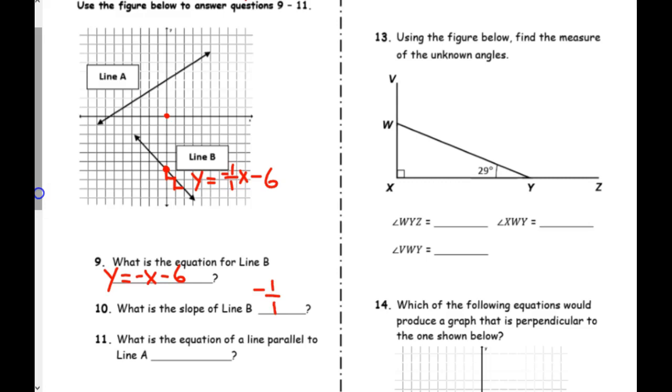Okay, so now what's the equation of a line parallel to line A? Well, parallel means same slope, right? So I need to find the slope of line A. So here's my line A. It seems to be going up 1, 2 over 1, 2, 3. 2 over 3.